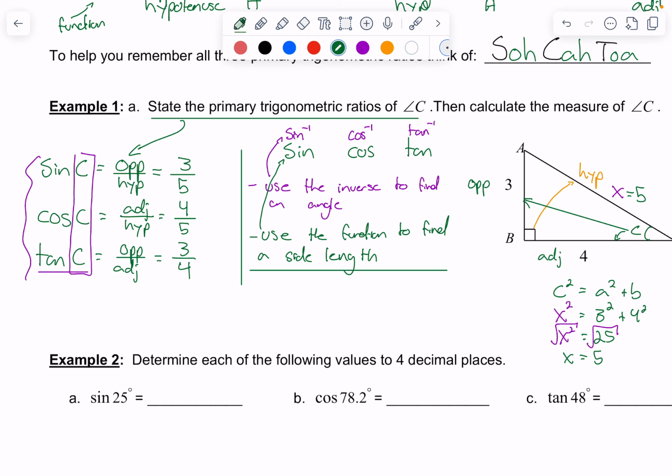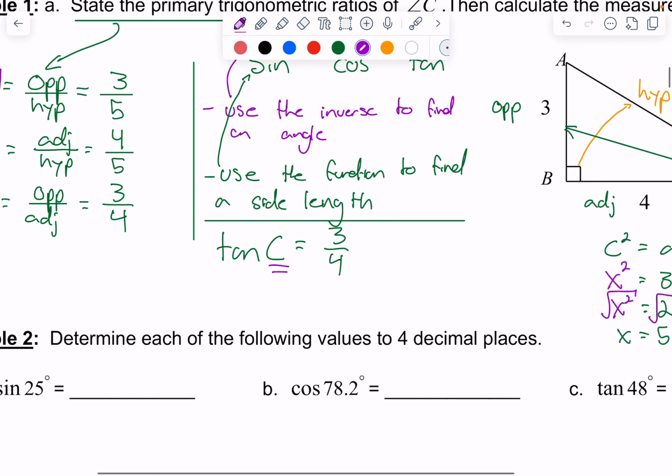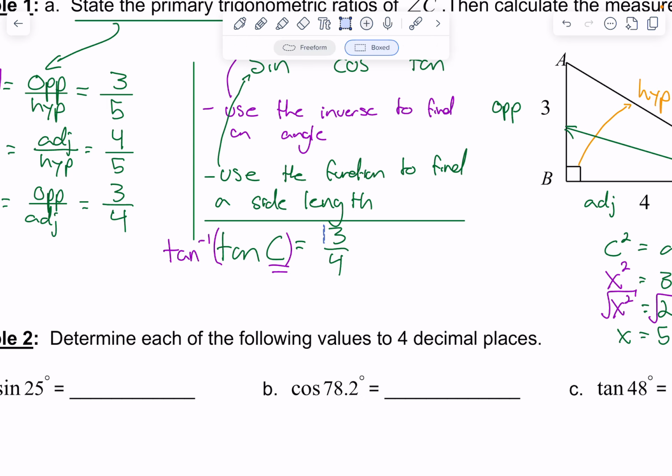So tan of angle C is equal to 3/4. Well, to isolate for this angle C here, we need to apply the inverse operation, which is you taking the tan inverse of all of this. And you can't just do something to one side of an equal sign. You also need to then do it to the other.